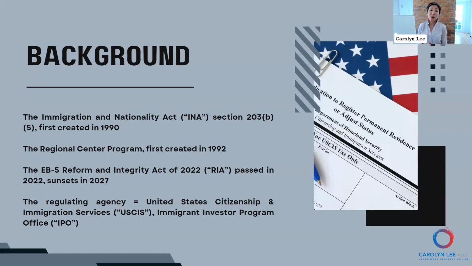And it remains so today in that it is not yet a permanent part of the Immigration and Nationality Act. It has to be renewed. And the current iteration of the Regional Center Program, created by the EB-5 Reform and Integrity Act of 2022, or the RIA, will sunset in 2027.